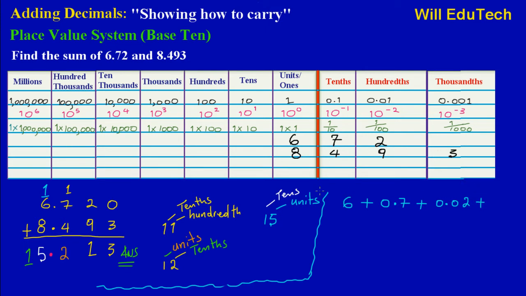That is it for that digit. Now for that number, this is the same as 6.72.